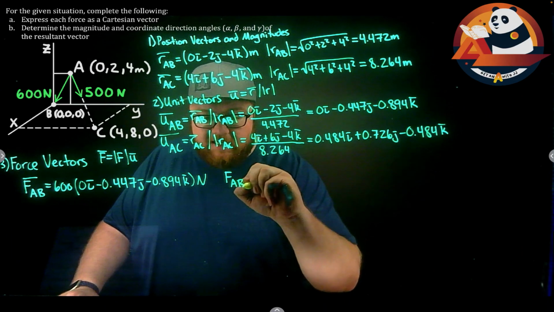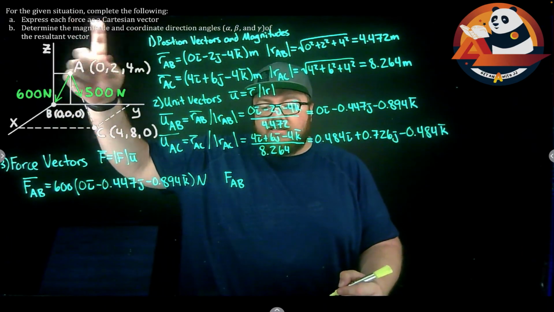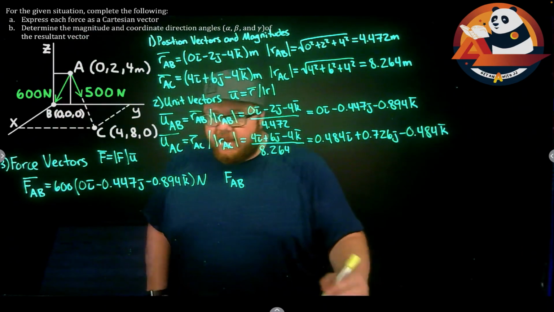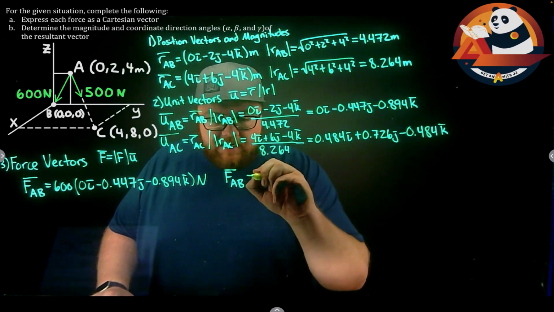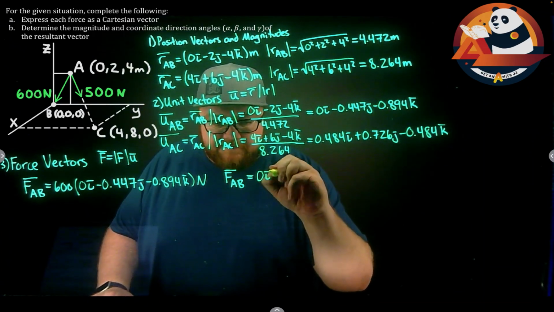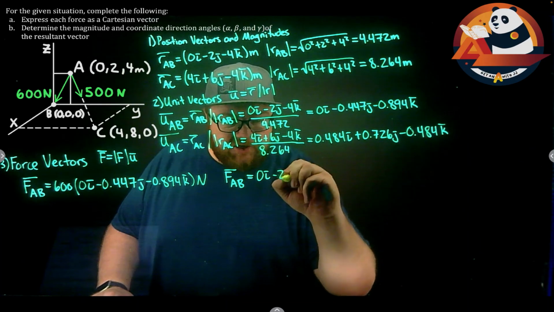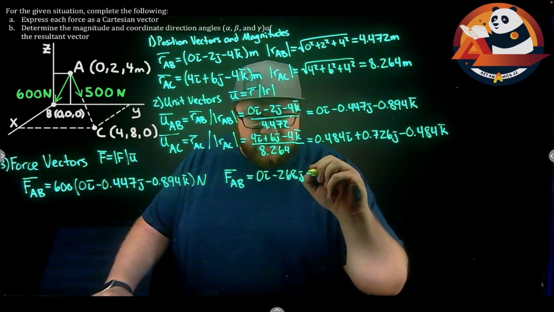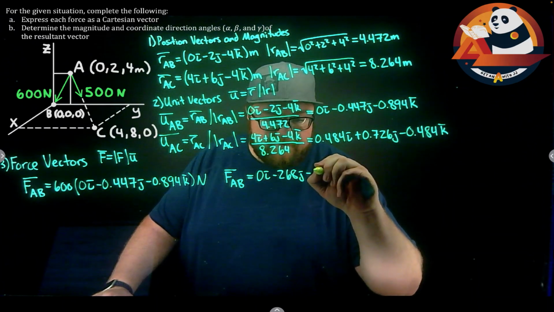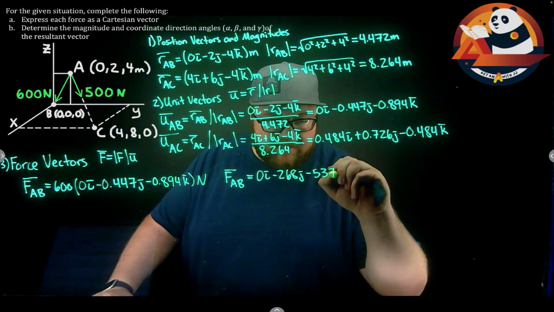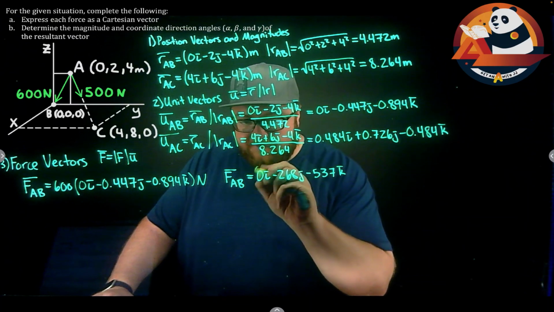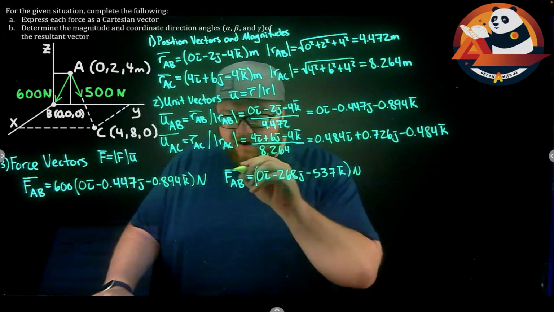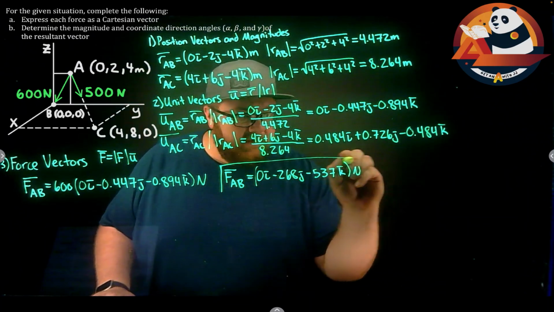What is that 600 newton force as a Cartesian vector? FAB is equal to 0i minus 268j minus 537k. My units for all of that are newtons.